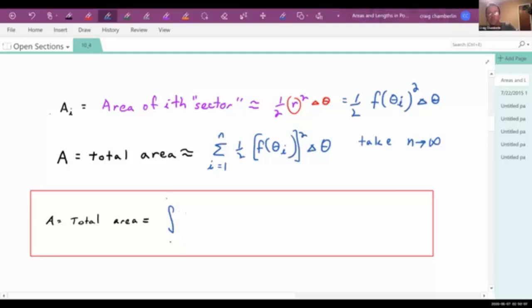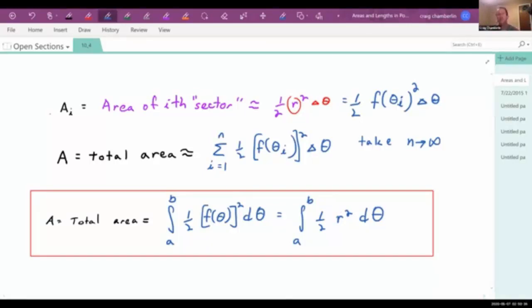The integral from a to b, 1/2 f of theta squared d theta, or what I think is a friendlier looking formula, the integral from a to b, 1/2 r squared d theta. Remember, f of theta is r, so I just replaced it with r. So long story short, that's the formula we're going to be using to find the area of a polar region. So this gives us the area of a polar region.